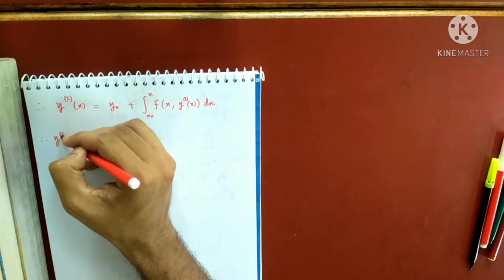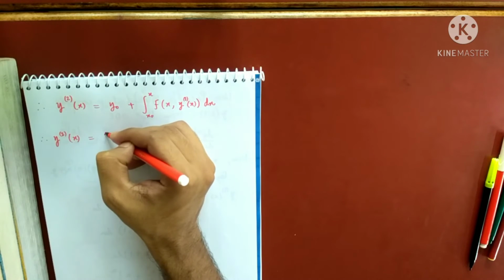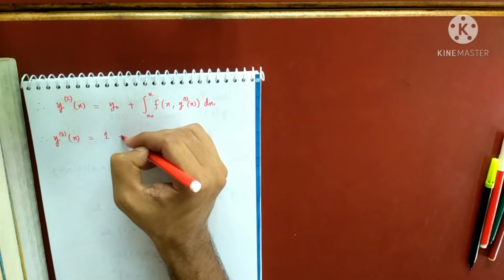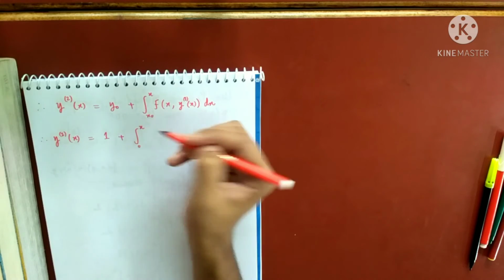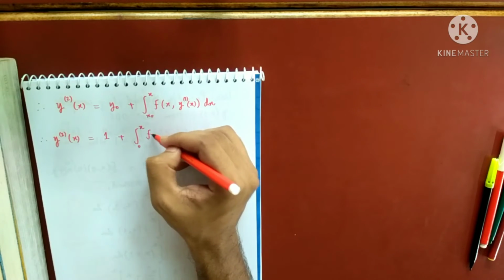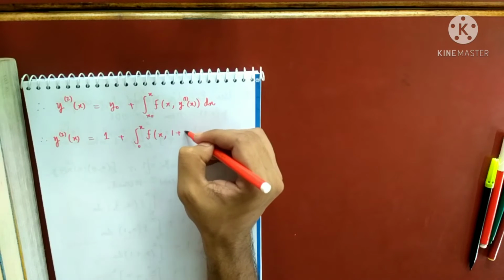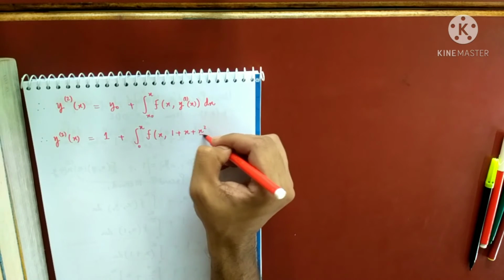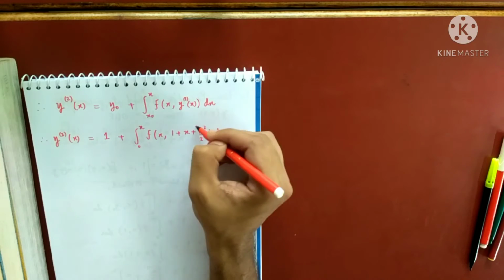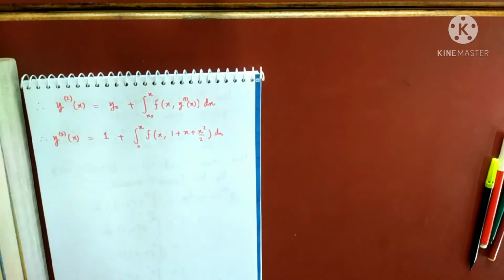So what is y2 of x? y naught was 1, so this is 1 plus the integral from 0 to x of f of x comma this. What is this? It was 1 plus x square by 2. This whole thing is your y. Keep that in mind.